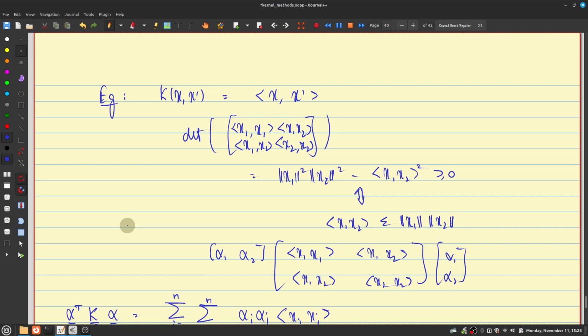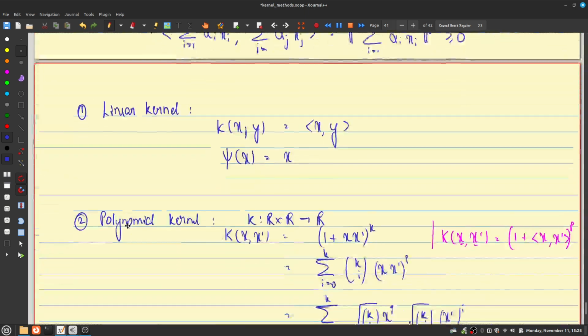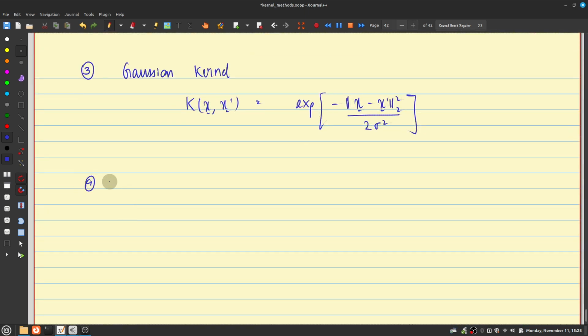It could be an arbitrary map from some set to R, but it maps to something in a vector space. The output of the kernel is a real number. It need not be positive. The inner product could be negative.